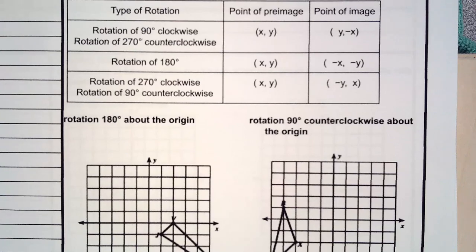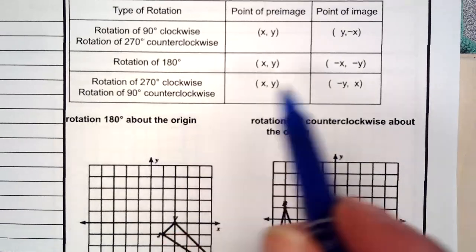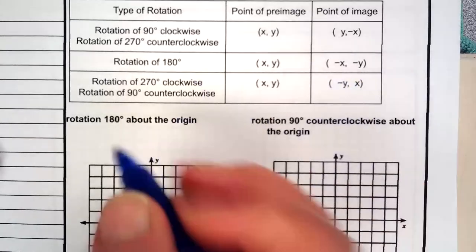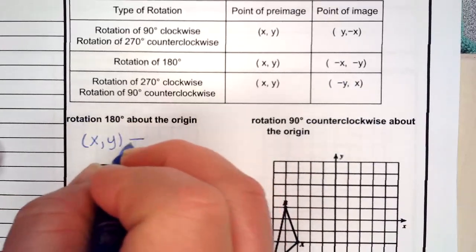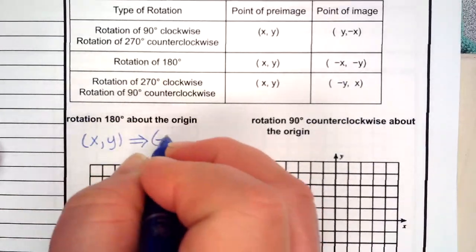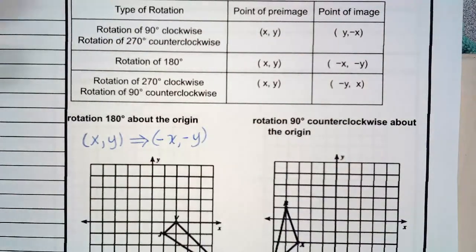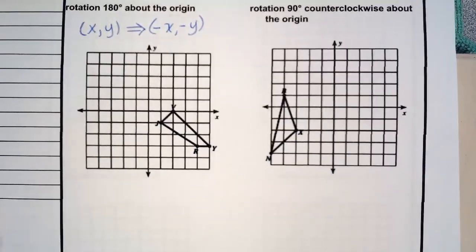So as we get ready to do the rotation, it's 180 degrees around the origin. I don't change them, I just make them their opposites. So my XY is mapped onto the opposite of x and the opposite of y. So you start by identifying your original points.